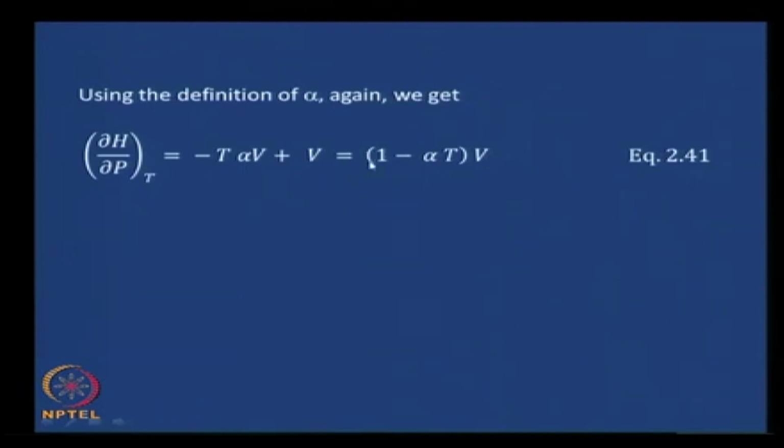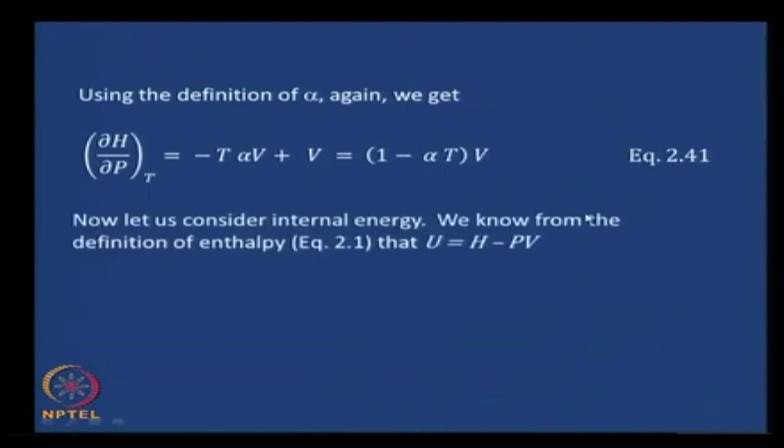If you factorize a V out, you can write this as (1 minus alpha T) times V. Let us call this equation 241. So this takes care of the variation of enthalpy with respect to pressure in an isothermal, constant temperature process, in terms of alpha, T and V very nicely.